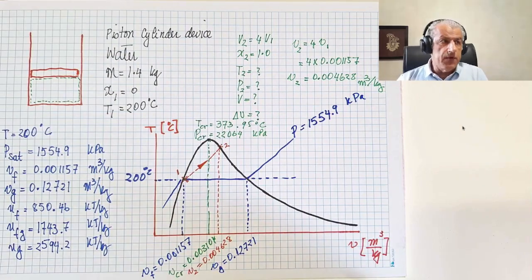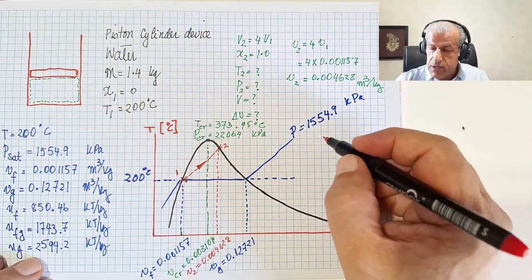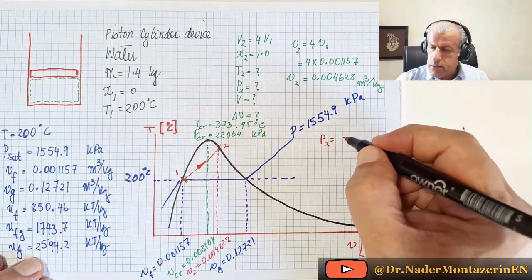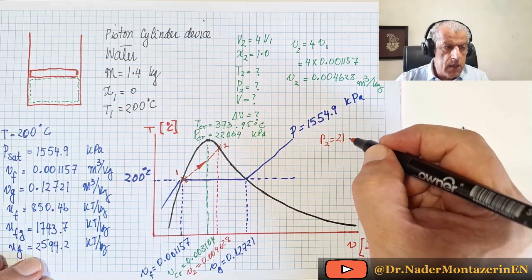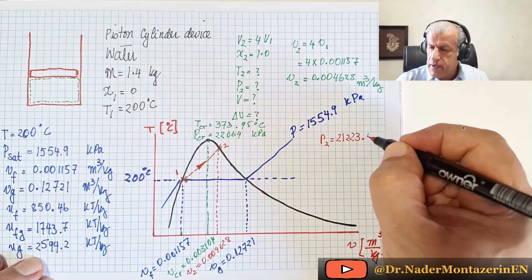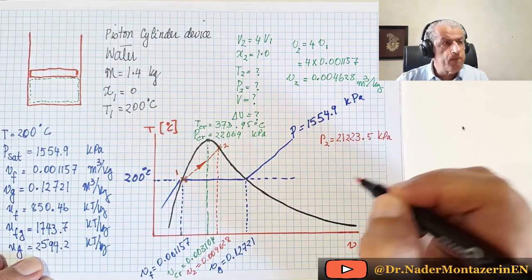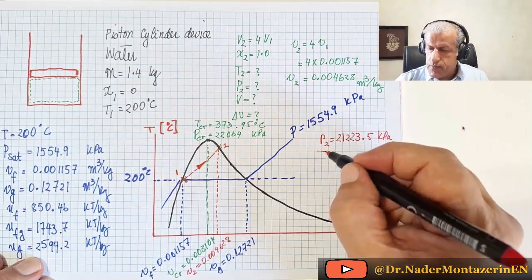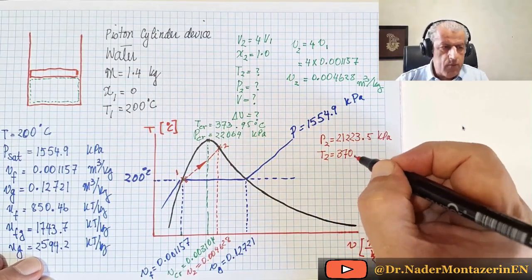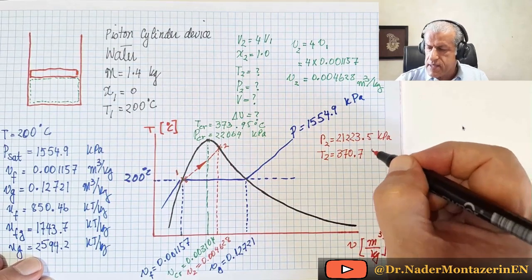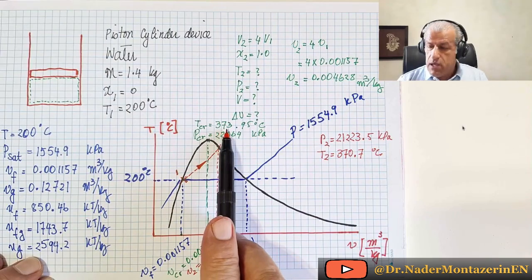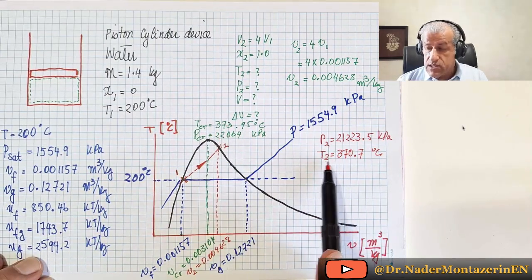And if we do this, which I have done, P2 would equal 22,123.5 kilopascal, and T2 would equal 370.7 degrees C. Just look, the critical point is 373, and our point 2 is 370.7.